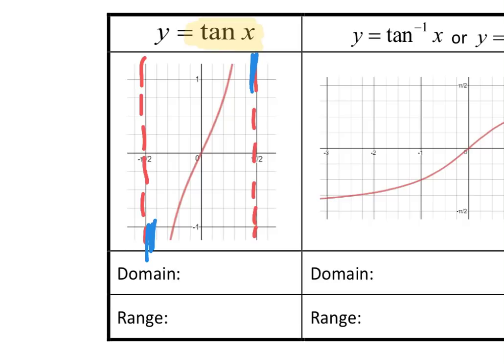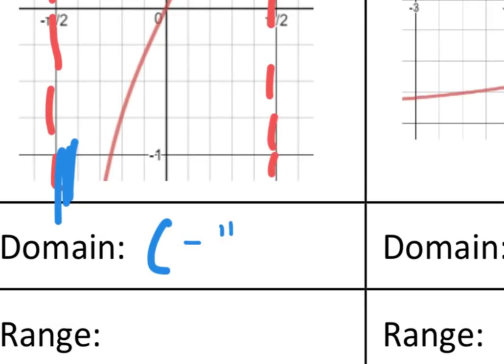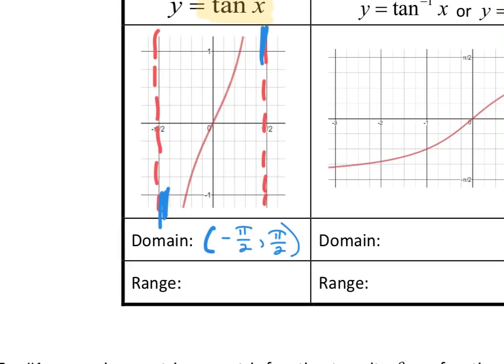And because the graph of the function never actually touches those asymptotes, your domain goes from negative 90 to positive 90, but it's not inclusive. So you're going to use those round parentheses instead of the square brackets.